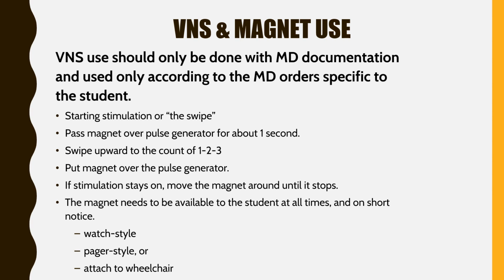Put the magnet over the pulse generator. If stimulation stays on, move the magnet around until it stops. The magnet needs to be available to the student at all times and on short notice. Watch style, pager style, or attached to wheelchair.